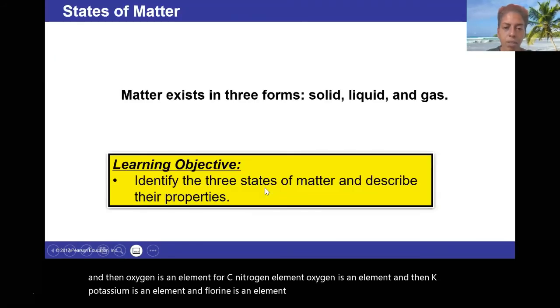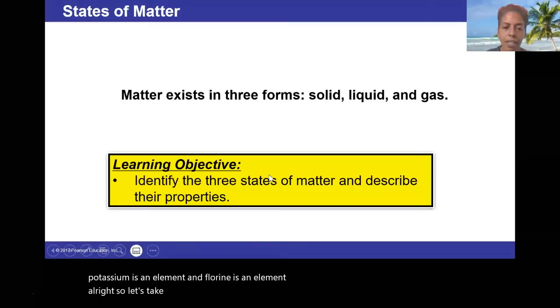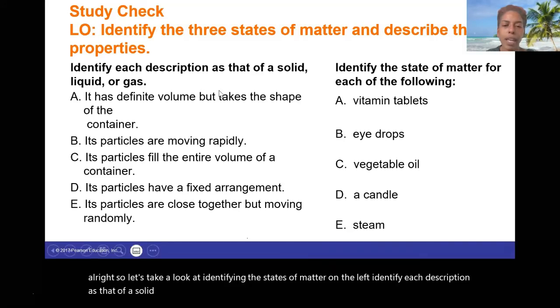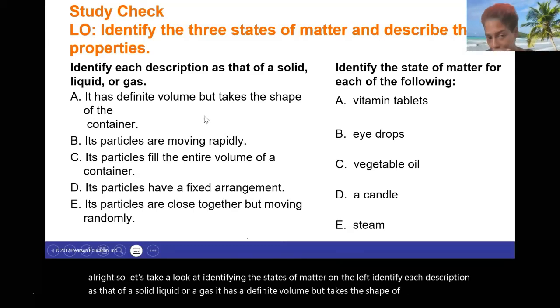All right, so let's take a look at identifying the states of matter. On the left, identify each description as that of a solid, liquid, or a gas. It has a definite volume, but takes the shape of the container. What do we have, a solid, liquid, or a gas?